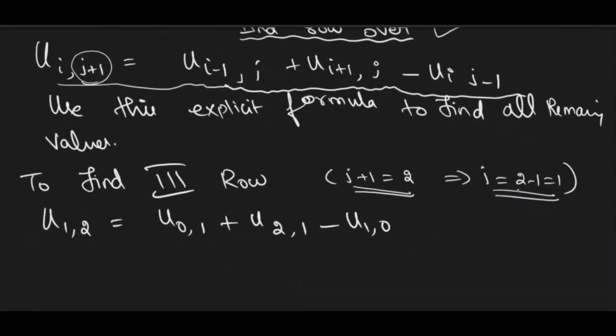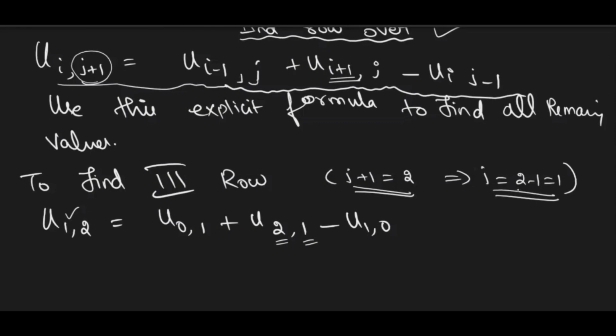So we are going to write the formula, that is u of 1 comma 2 is equal to u of, in the place of i minus 1, we have i as 1, so 1 minus 1, u of 0 comma j. What is j? Just now we got j as 1 for the third row. Plus u of i plus 1, i is 1, 1 plus 1 is 2, comma j is 1, minus u of i comma j minus 1. So i is 1, and j is 1 already, so j minus 1 is 0.